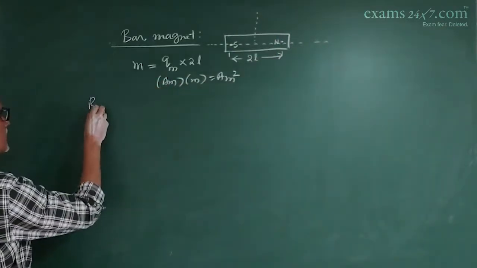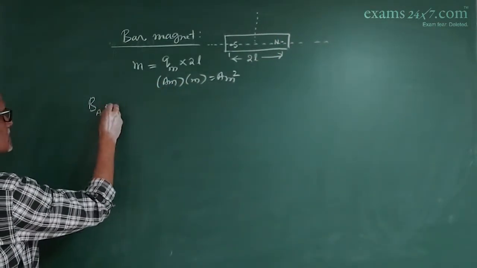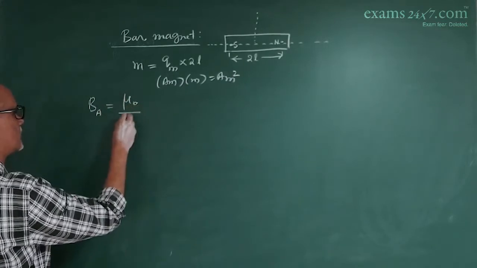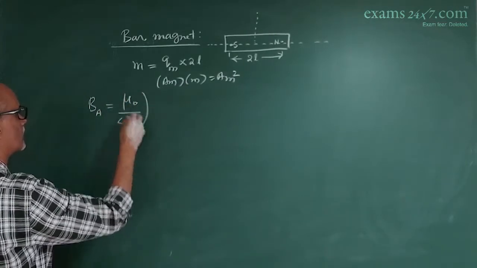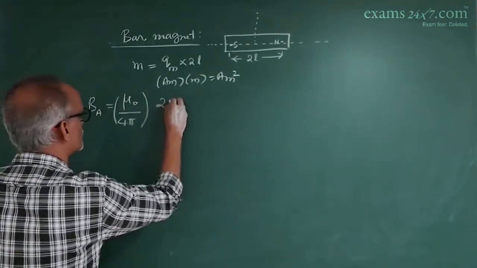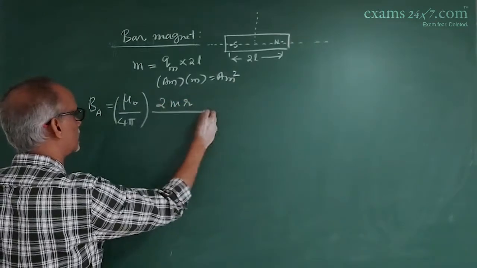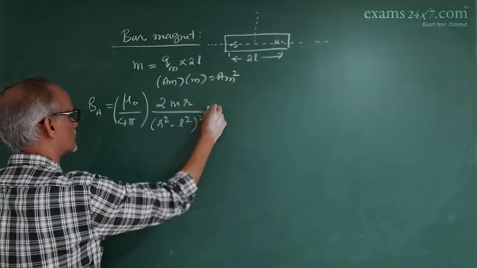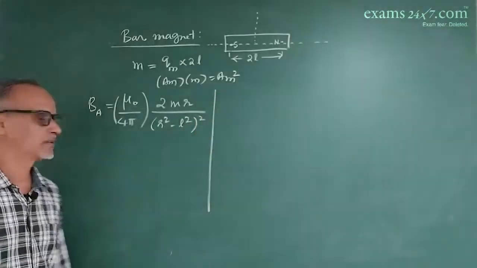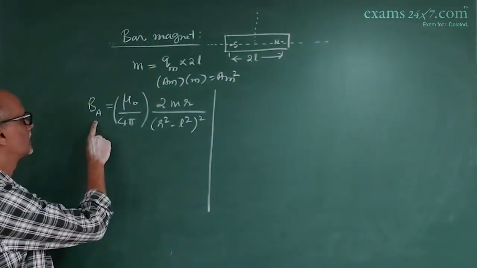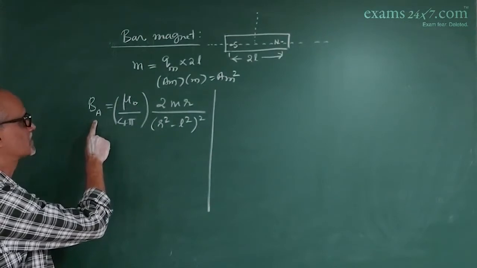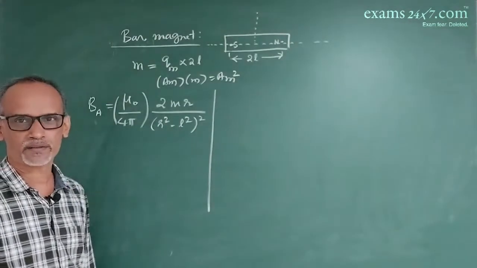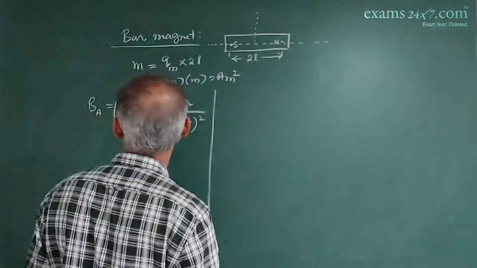So what is the magnetic field at a point on the axis? It is mu naught by 4 pi into 2Mr by (r square minus l square) the whole square. This is similar to the electric field produced at a point on the axis of an electric dipole.